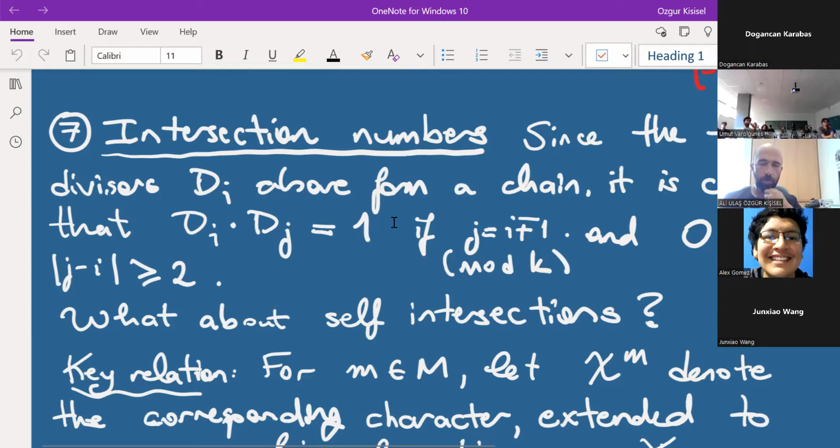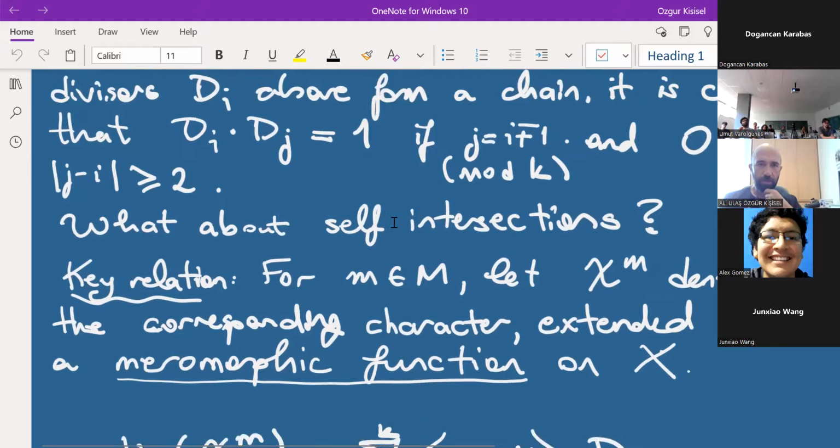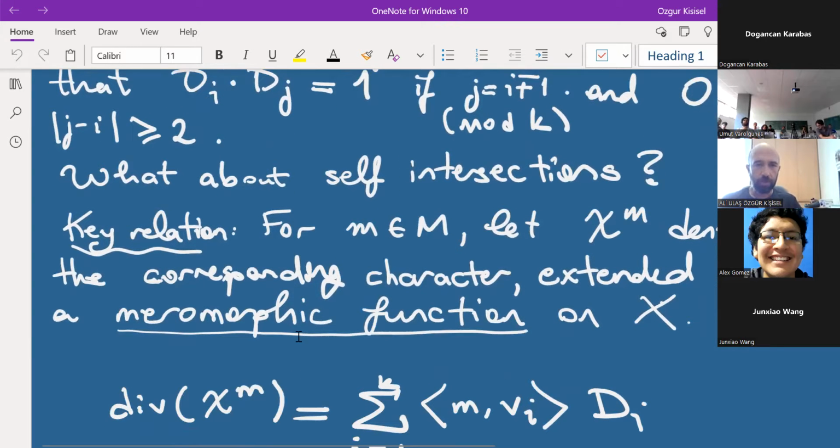So what about self-intersections? Now, something which is important for this and other reasons is the following relation. For any m in M, let chi m denote the corresponding character. Now, the character is, first of all, a function from C star squared to C star, but you could extend it to X as a meromorphic function.